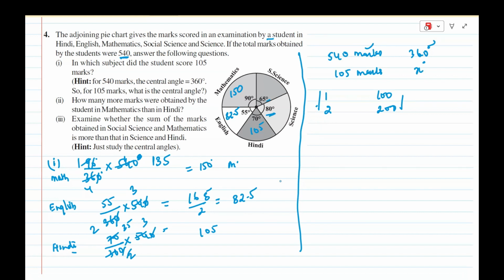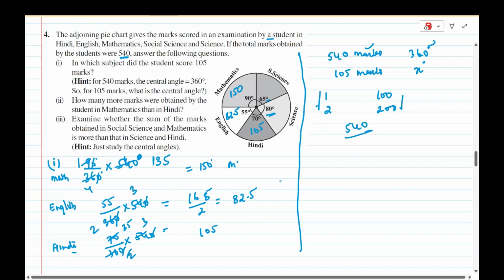To solve it, just take 540 upon 105, then 360 upon x. Solve, cross multiply it, linear equation we know how to solve. So 540x is 360 into 105. From here, we can calculate the value of x.